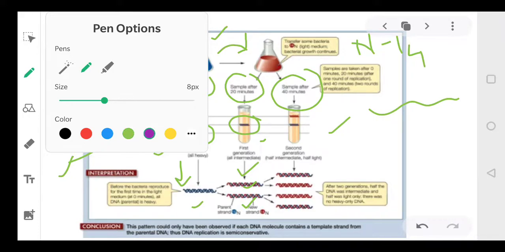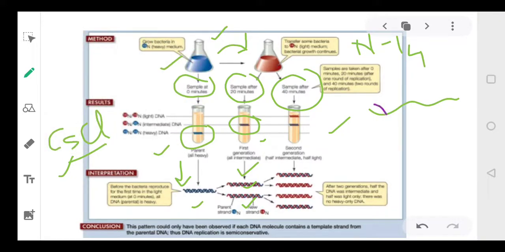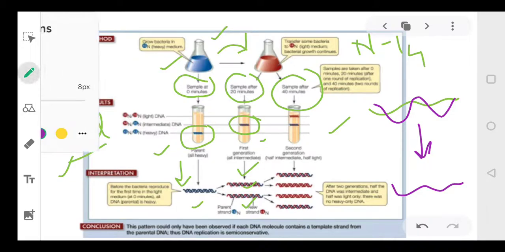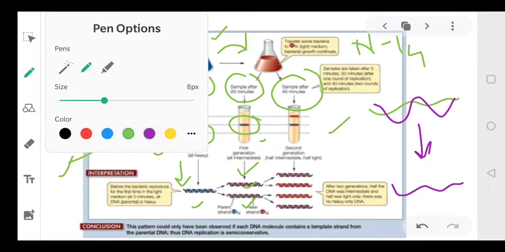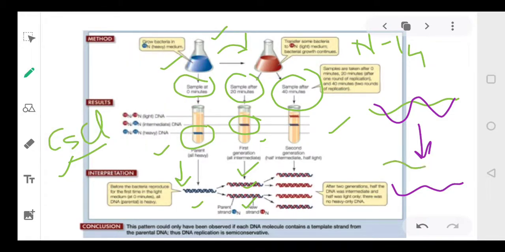Let's change the color. This is your second strand. Okay. Now after this, these two strands they will separate. एक strand ये हो जाएगा, तो ये आपका दूसरा strand है. So both these strands will separate जब second replication process होगा, isn't it? Both will separate. Clear? Yes or no?